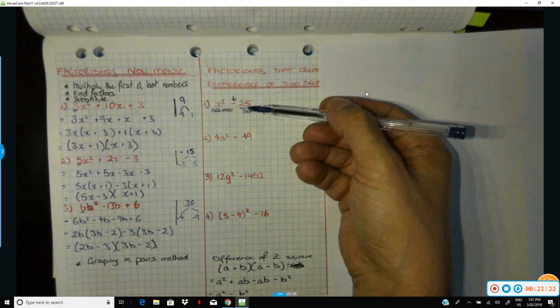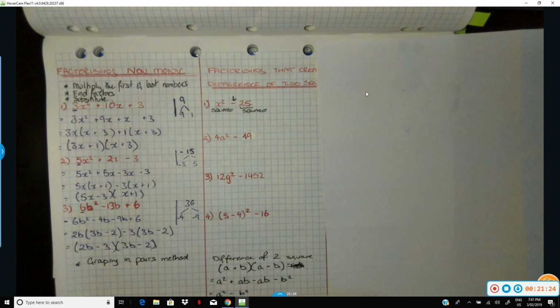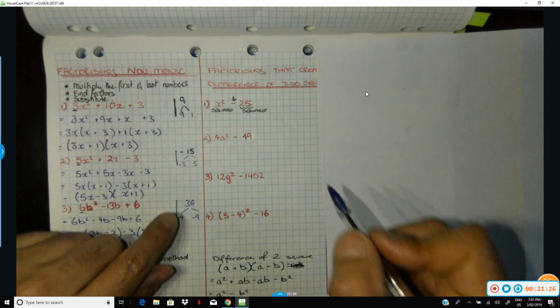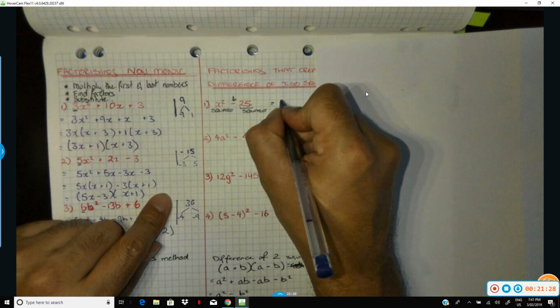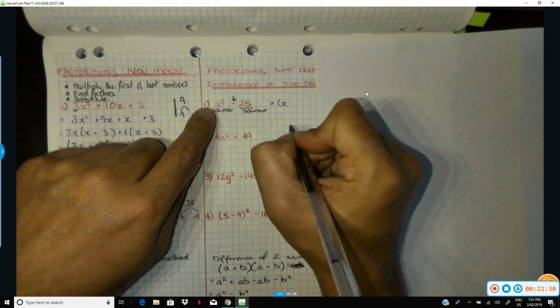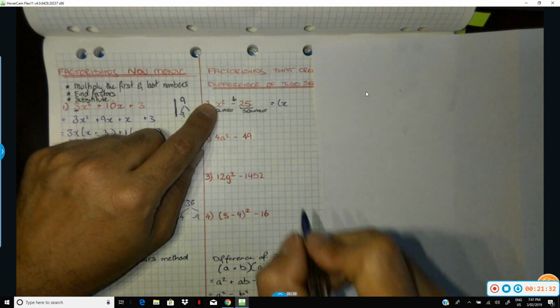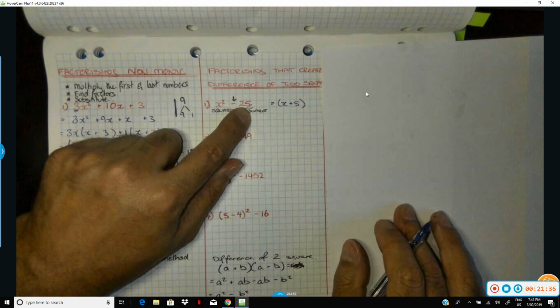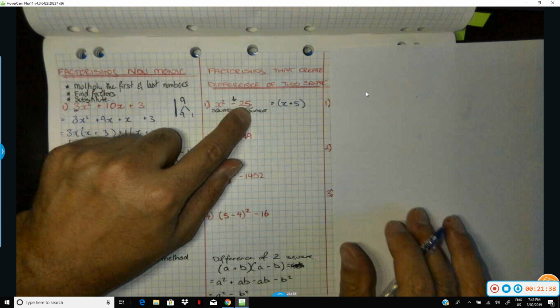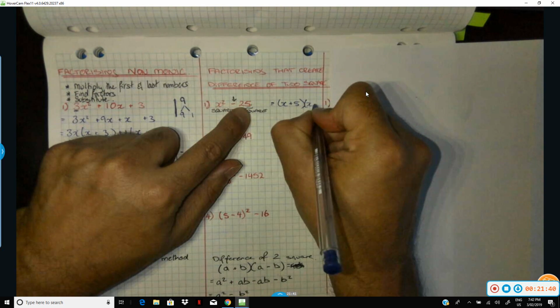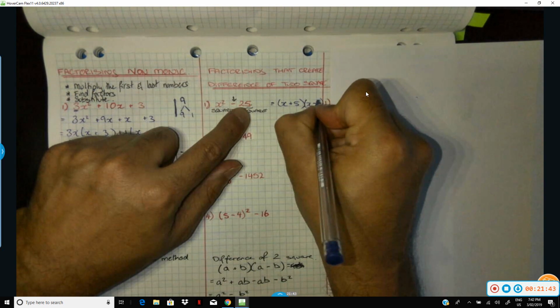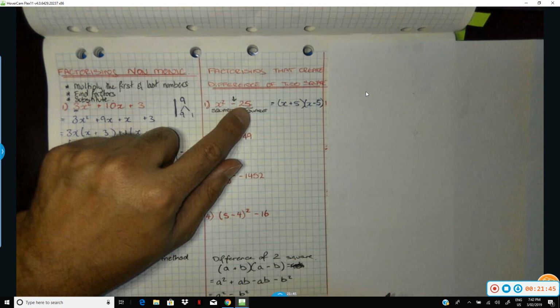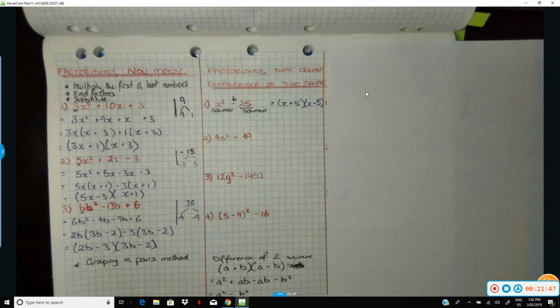So this fits this formula. So the factored form here is the square root of x squared, which is x, plus 5, the square root of 25, multiplied by x minus 5. And that's that factorized.